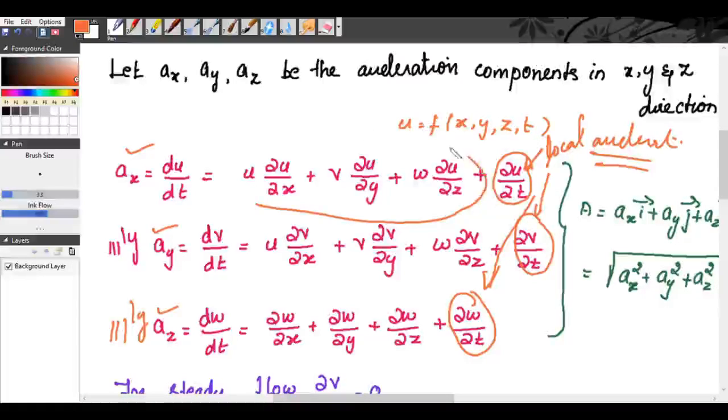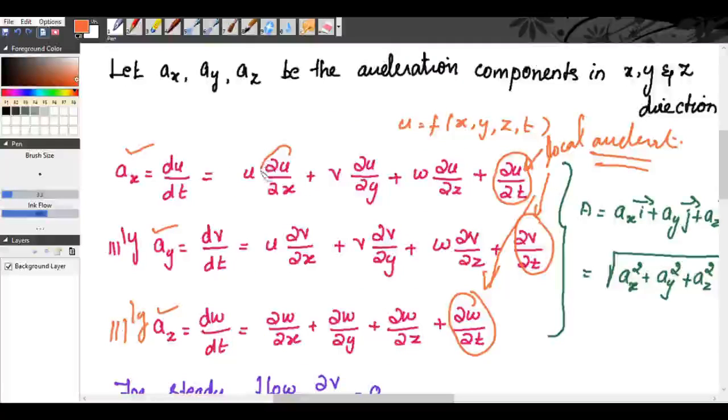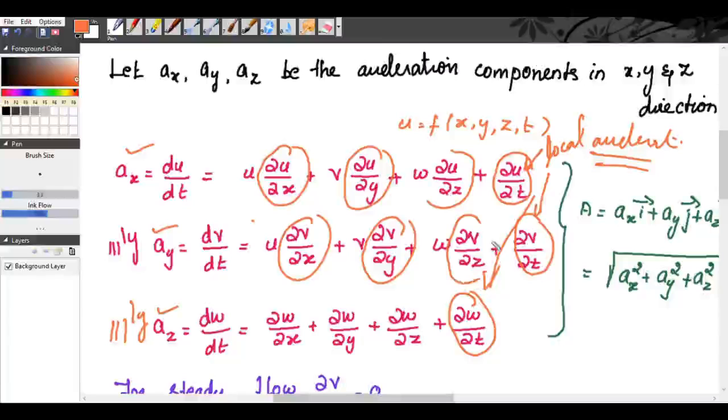And all the remaining acceleration is called convective acceleration, that is these terms: dou u by dou x, dou u by dou y, dou u by dou z, dou v by dou x, dou v by dou y, dou v by dou z. These terms.